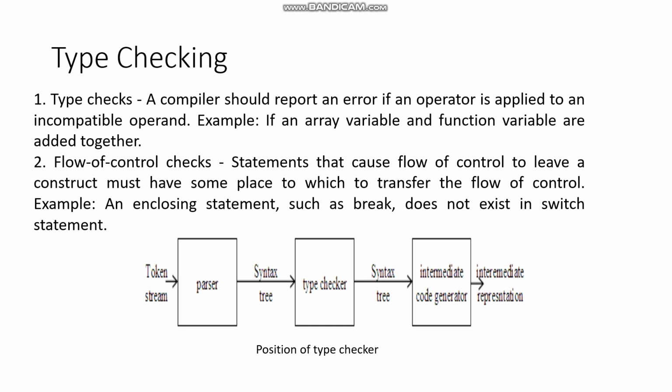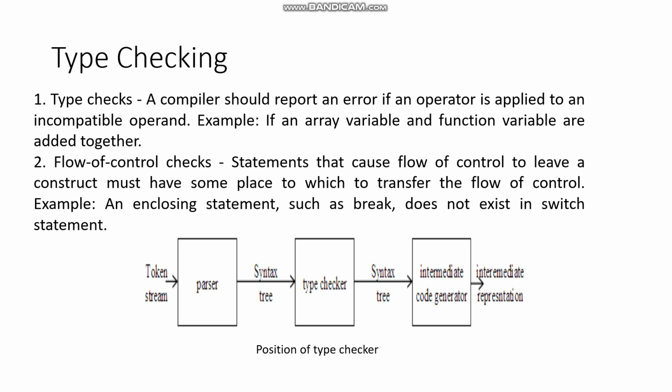Where to transfer the flow once the particular break statement is encountered? Where to transfer the flow when the particular loop has ended? So these types of things should be taken into consideration. For a particular example, an enclosing statement such as break does not exist in a switch statement. Such a type of error should be generated.